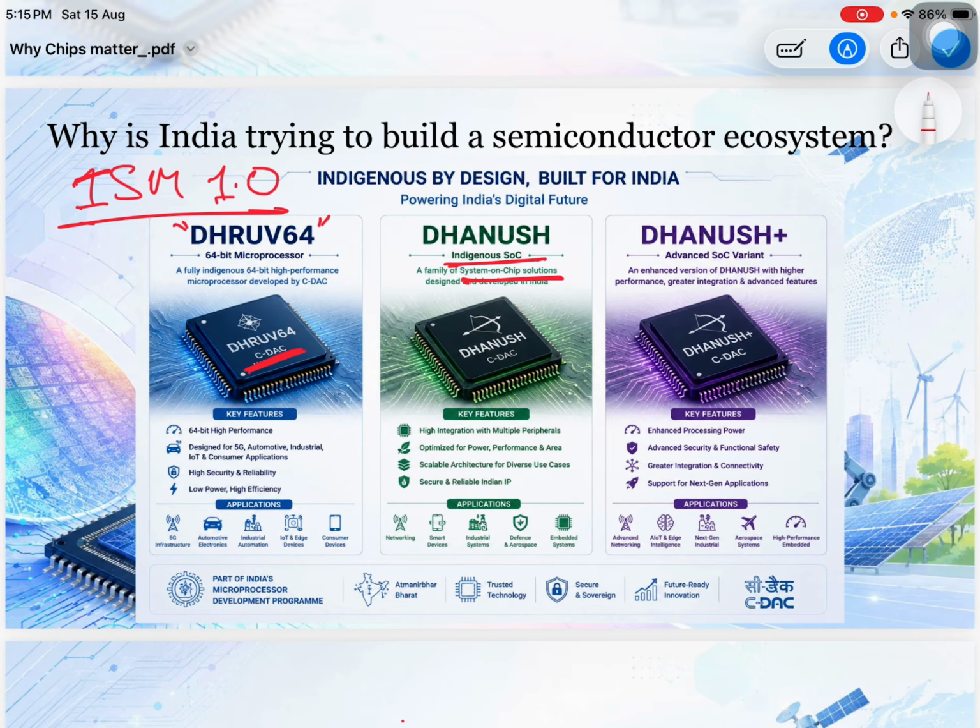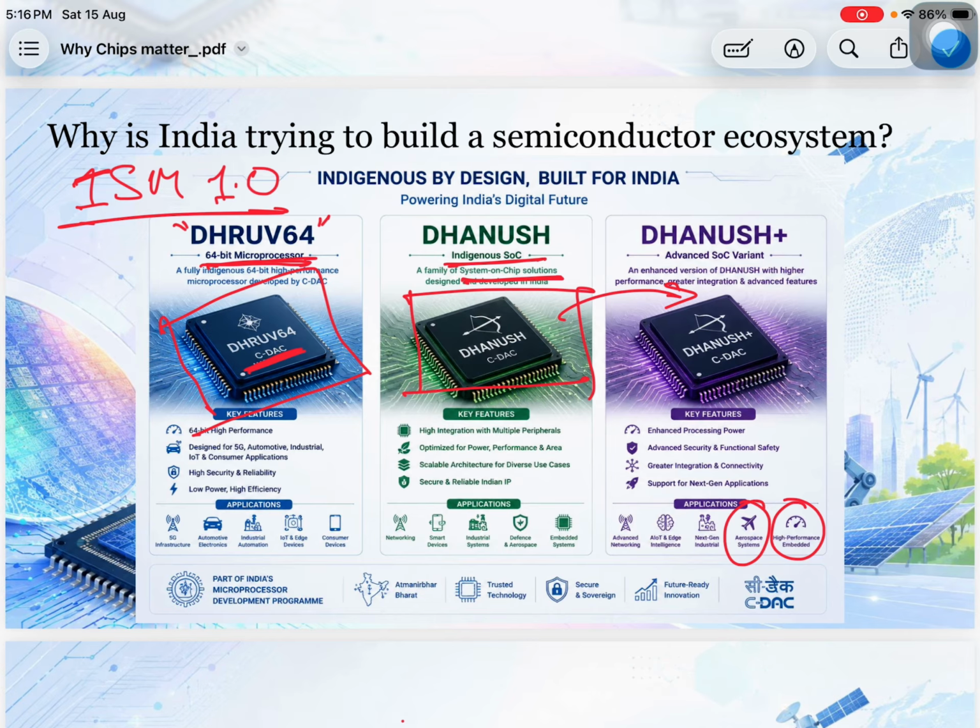It is even more advanced than the Dhanush variant we have, and in applications, it is designed for high performance embedded systems, aerospace systems, like that. So we have developed an SoC chip, and we have an advanced version of the SoC chip, and we have an indigenous chip known as Dhruv 64. This is a 64-bit microprocessor which is entirely developed in India.